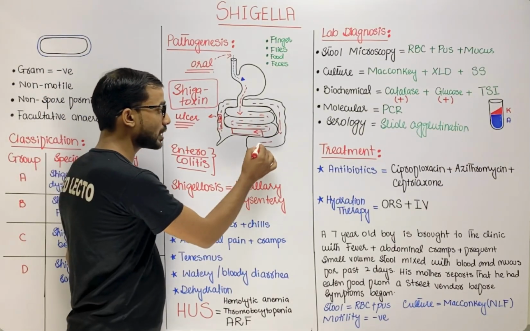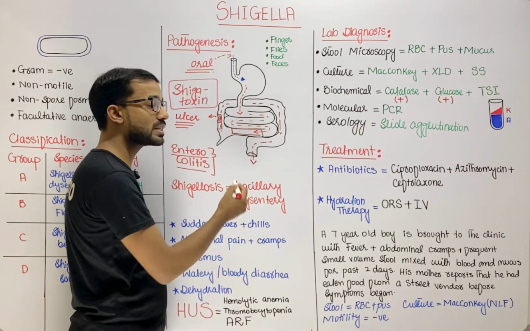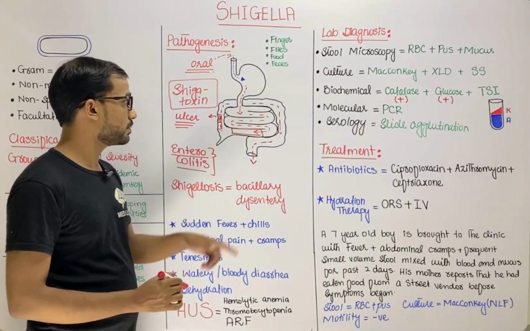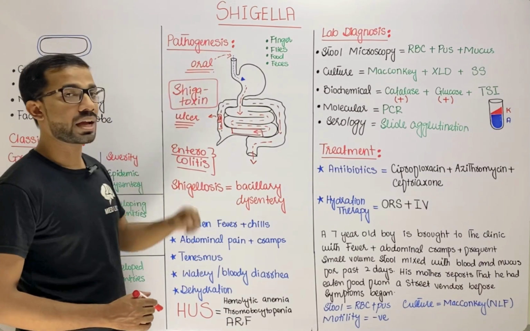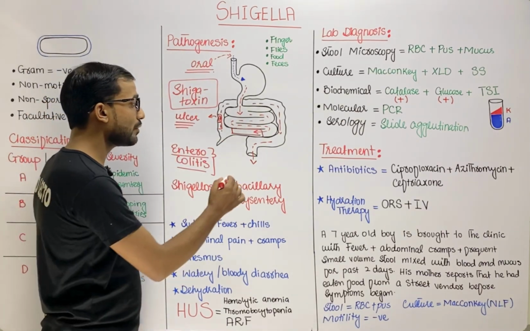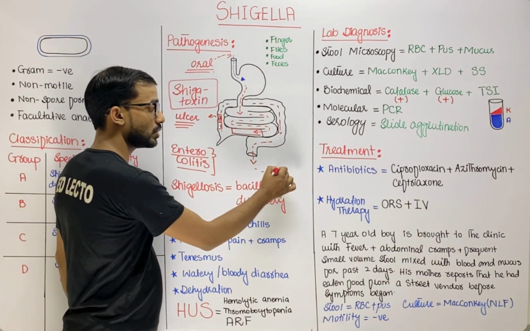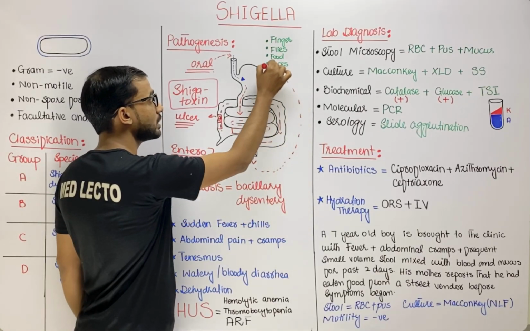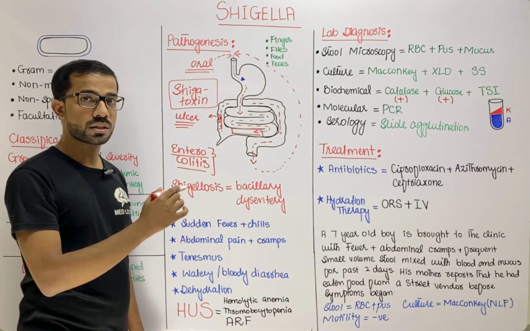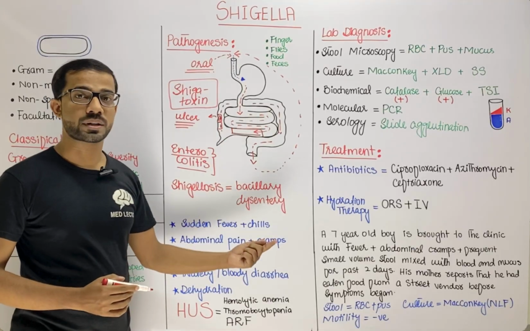So when the patient passes stool, this stool has Shiga toxin and this stool has Shigella in it. So whenever this stool-contaminated food enters other persons, it causes dysentery in the other persons.